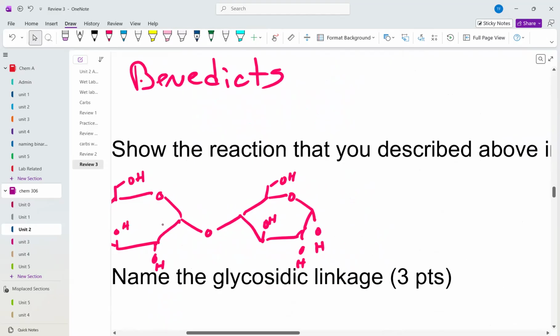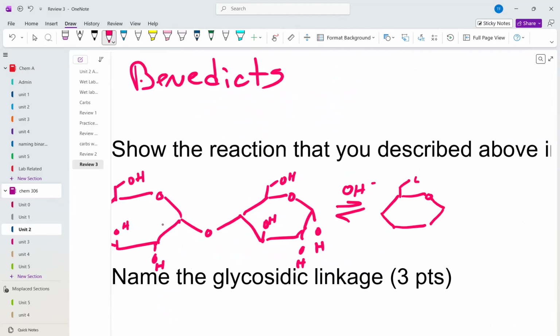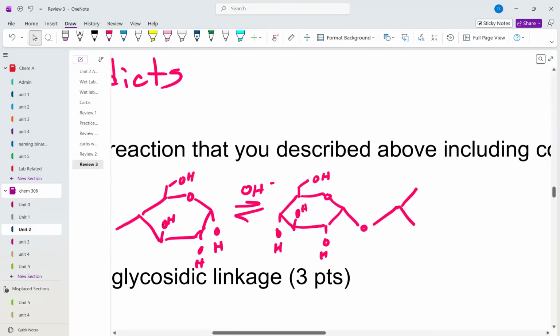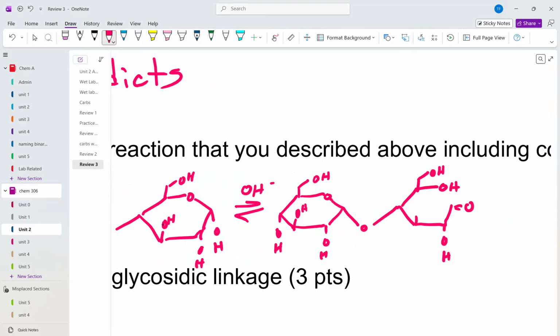So the next step is opening the ring up, and this is going to be in an alkaline or basic environment. Okay, so now the ring is open, exposing the aldehyde.